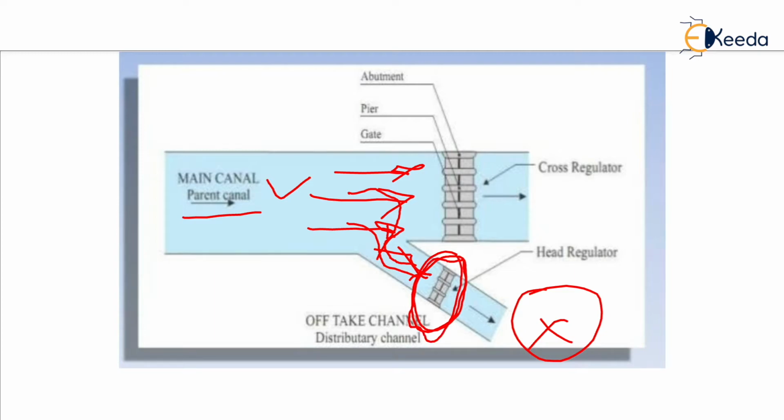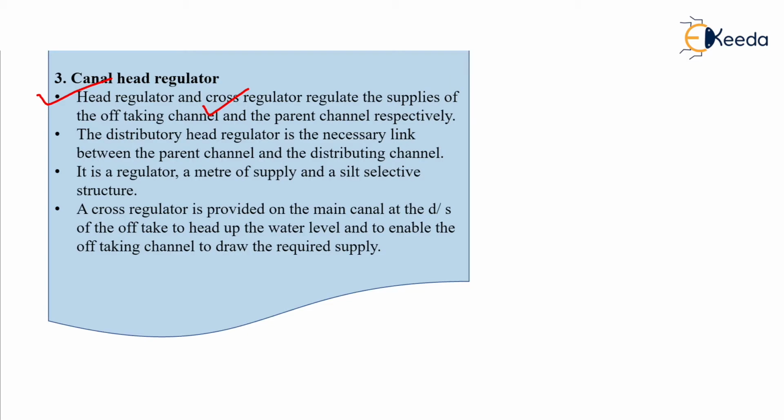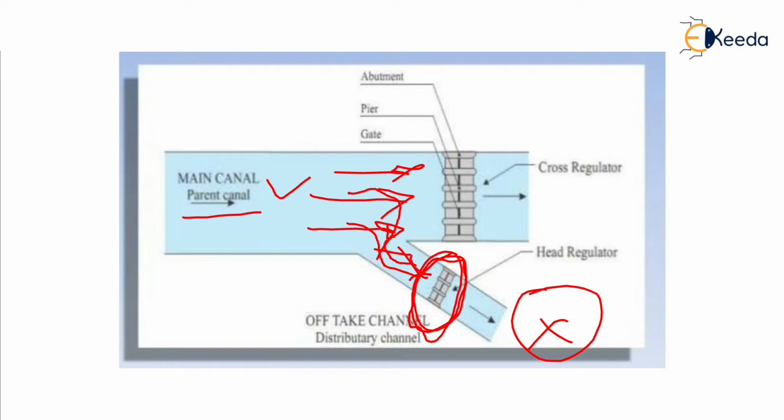So what exactly does the head regulator do? You can see here, the head regulator regulates the supplies and controls the amount of water which is to be discharged further into this off-taking channel to reach this agricultural land. So we have two regulators.